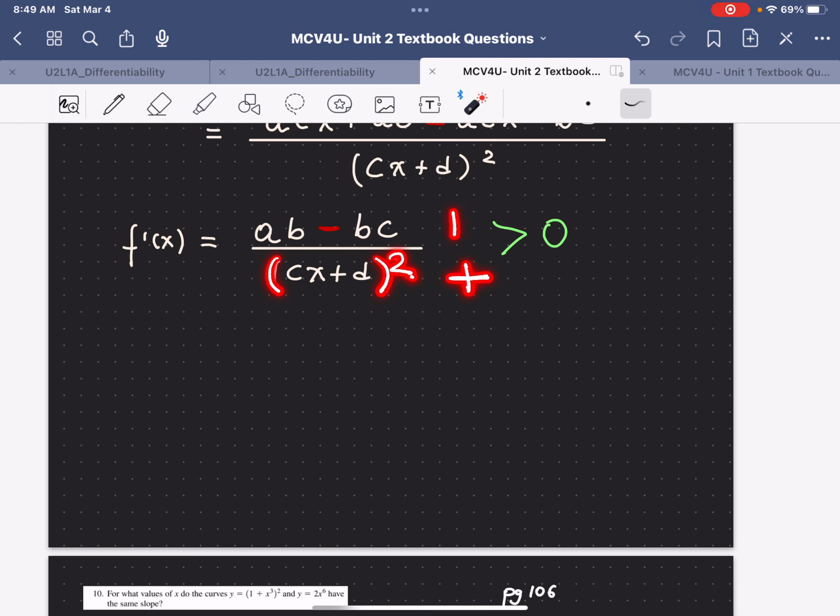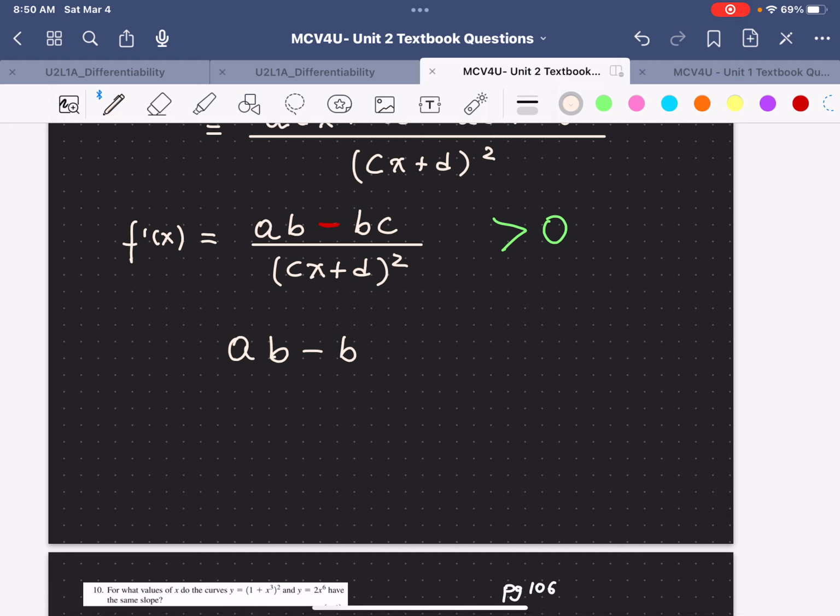That means we need the numerator to be positive for the derivative to end up being positive. So we want ad minus bc to have a positive value.